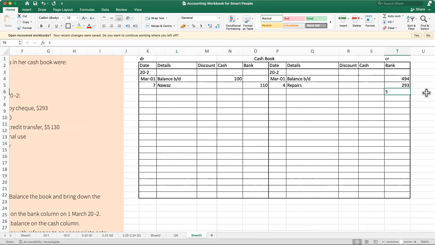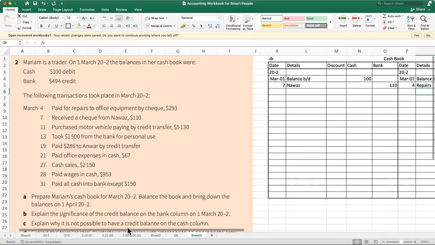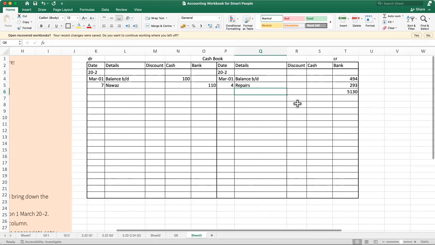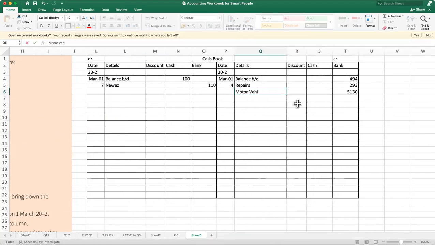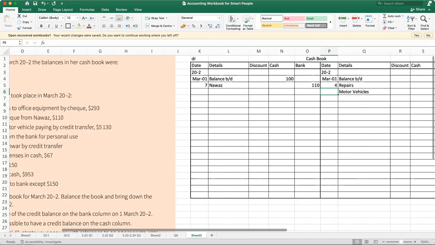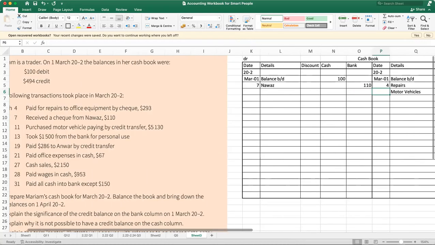You may think that, oh, we do not have that amount. Well, the bank may loan it to you temporarily. What do we pay it for? Our motor vehicle. The words that you use here not necessarily must appear in your question. It just has to be reasonable. Don't write a sentence here.